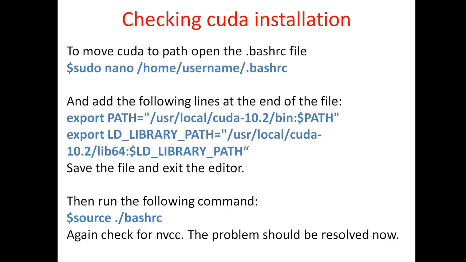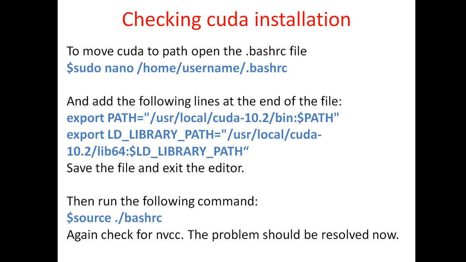Now nano is the editor. You can go to .bashrc. This is a starting file, so you can put the path of the user local CUDA into the original path, and export that path like this. $PATH is the original path which was already there in the system, and this extra path gets added to that.